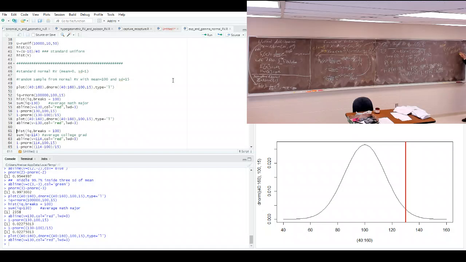So this probability equals 1 minus the probability of z, where I get the z by subtracting off 100 and dividing by 15. 114 minus 100 divided by 15 would be 14 over 15. Okay. And if I remember, 14 over 15 would be like 1 minus the probability z is less than, I think it was 0.933, something like that.